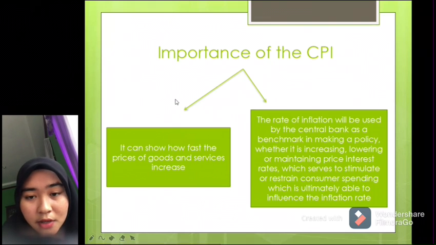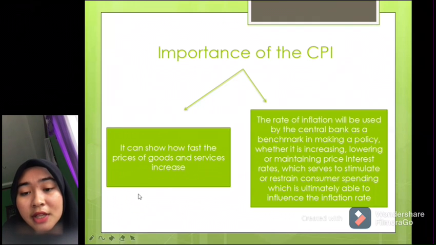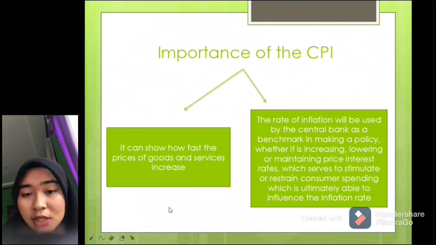The first is that Consumer Price Index data is considered important because it can show how fast the price of goods and services increases. When the price goes up, it means that inflation is happening. Conversely, if prices are falling, it means that there is deflation.